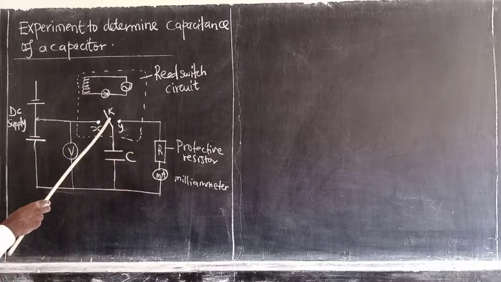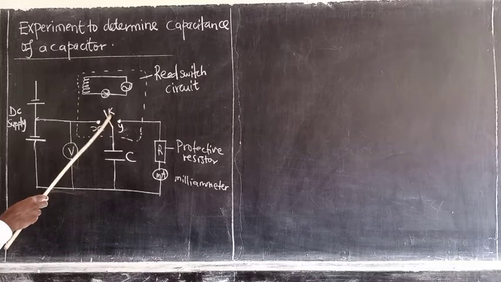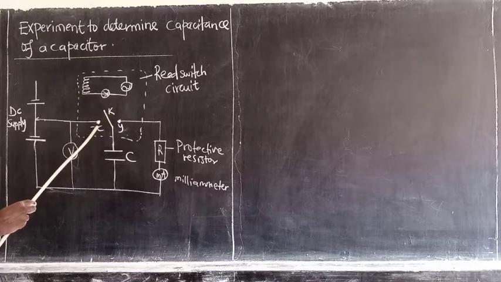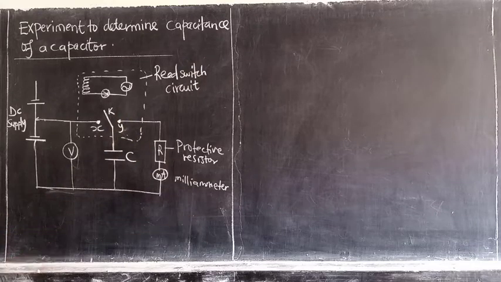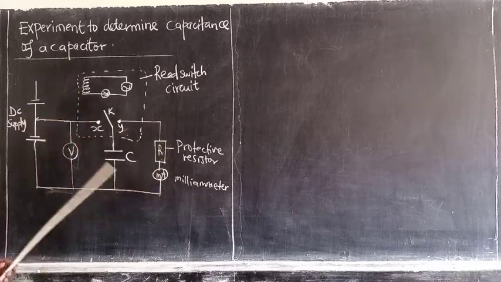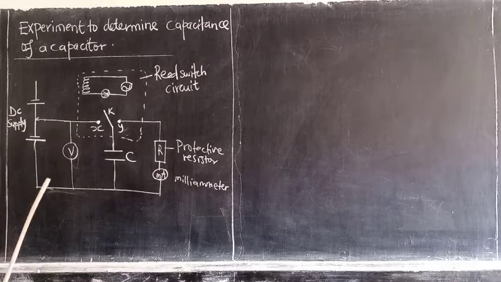And the way you can see, we have this reed switch. This K is a reed switch which will be touching at X and Y respectively. So you just have the setup of the arrangement like I have explained.